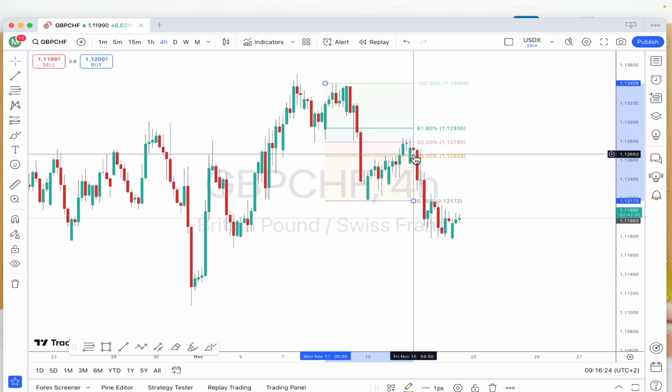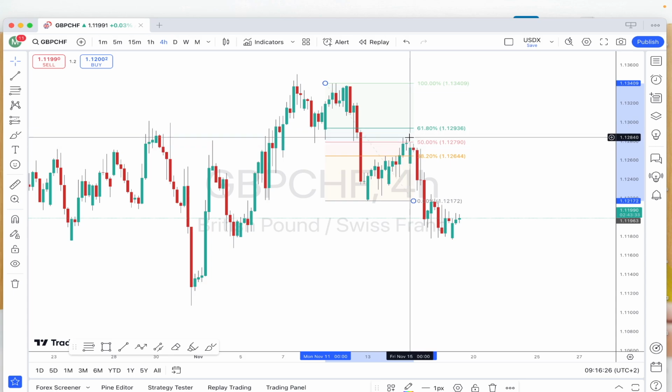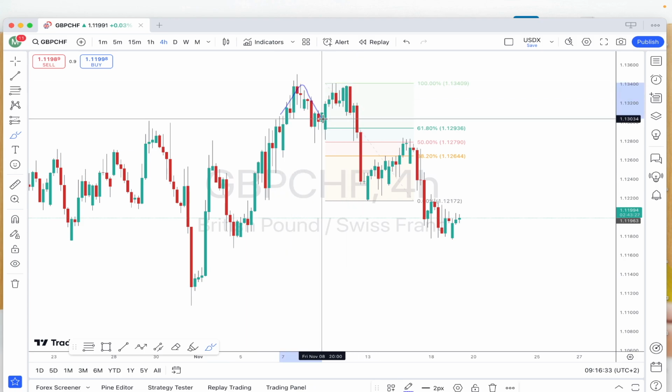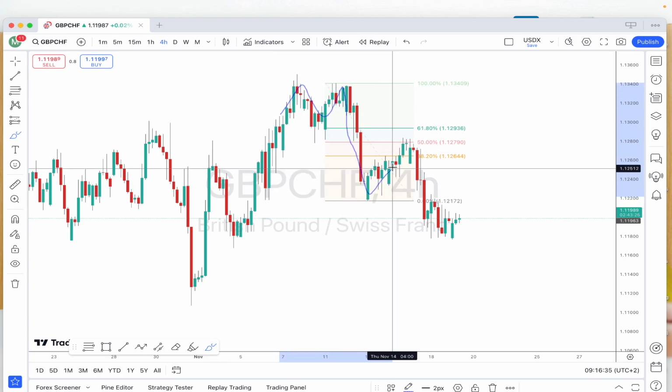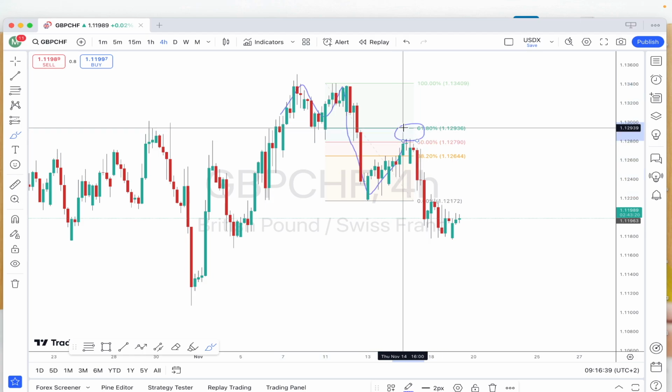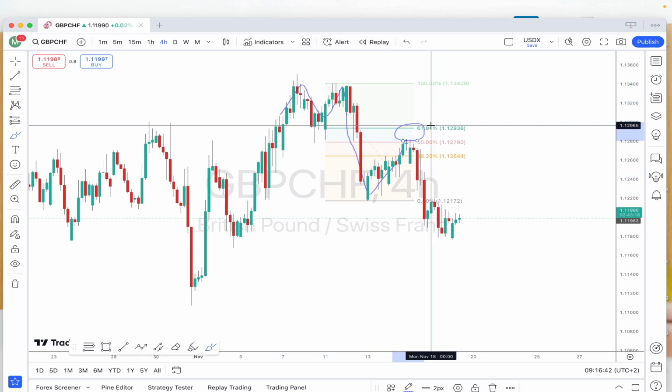So your pullback was actually at a 50%. So this is how you could have seen it with a fib formation going up, and then as soon as you get to the 50% and the 61%, you expect a reversal.